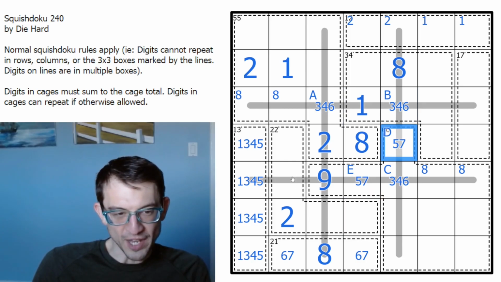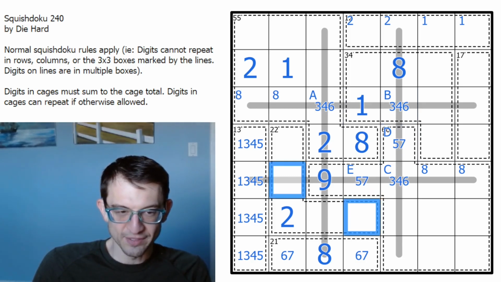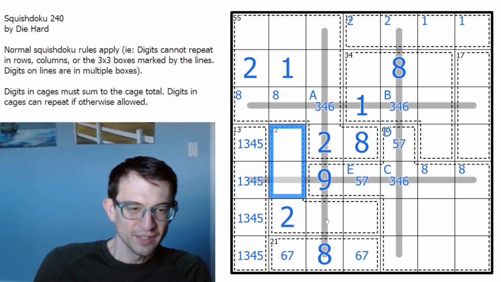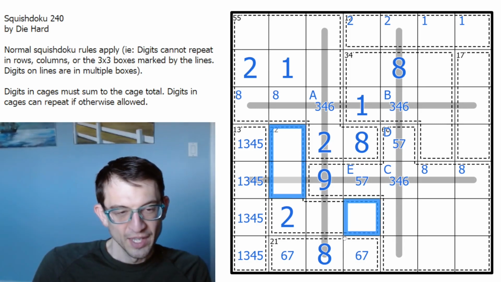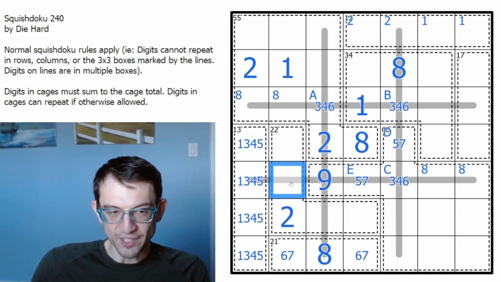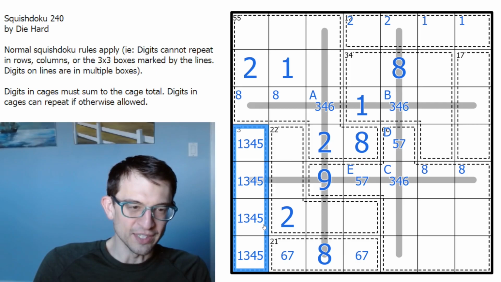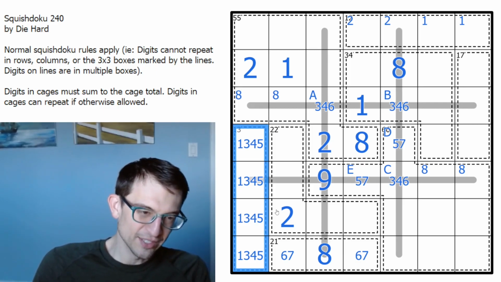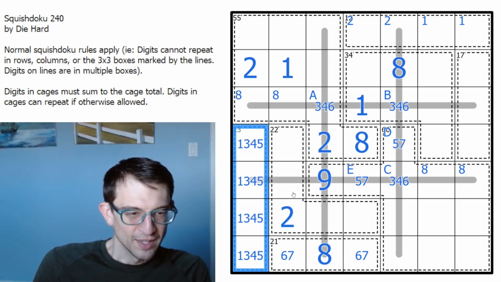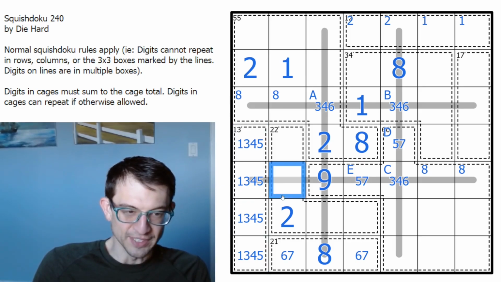So if I want 2 5s, it would have to be in those 2 spots. So I could have 6 maybe, and these 2 would be 5. But if I do that, then this 5 will see all of these cells. So I can't do that, because I need a 5 in this 13 cage.